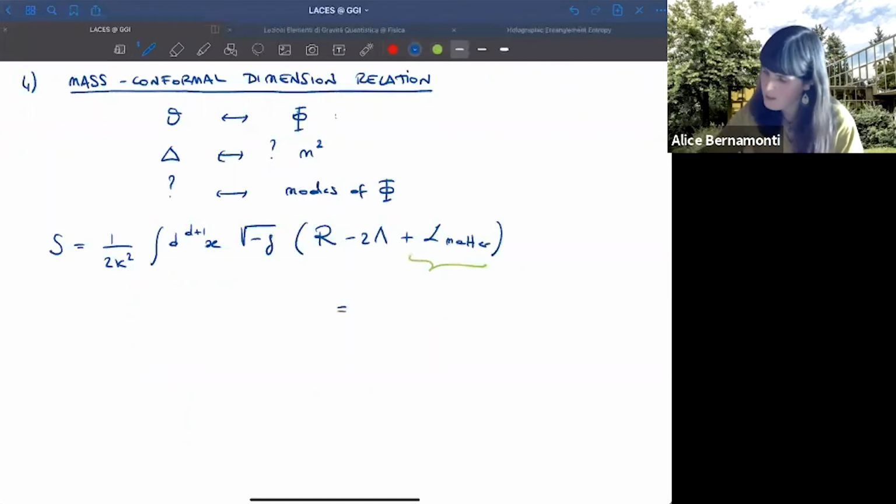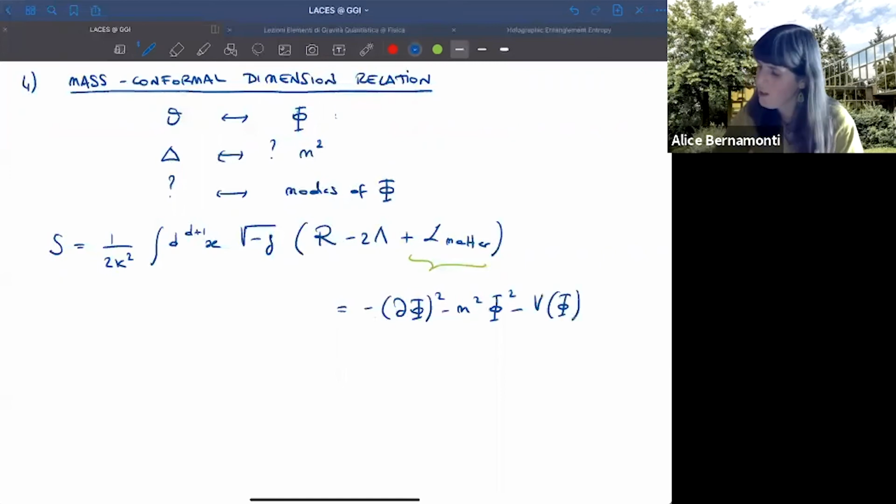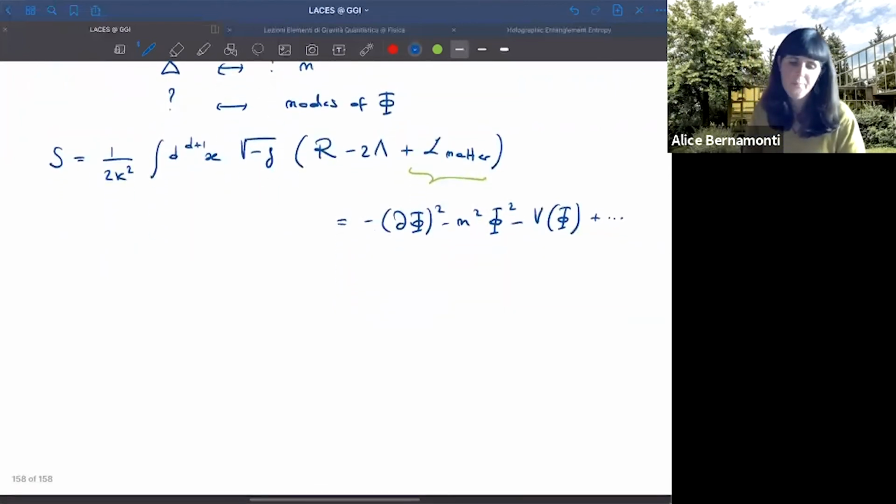So we will have a kinetic term, a mass, and some generic potential, which includes all nonlinear terms. And then in general, we will have also other fields like Maxwell fields and so on. But let me just focus on one single scalar contribution as an example.